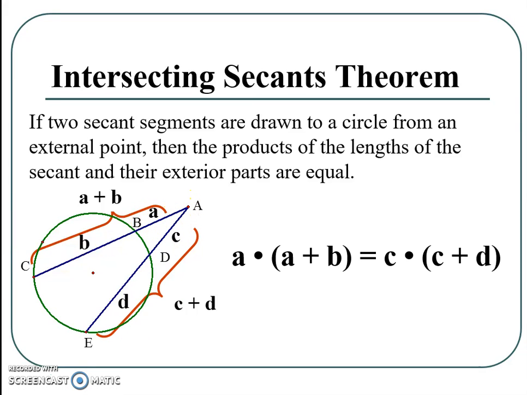So right here, A times AB will equal C times CD, okay? So basically, this outer part times this whole secant line segment is equal to this times this whole secant segment. They equal each other.